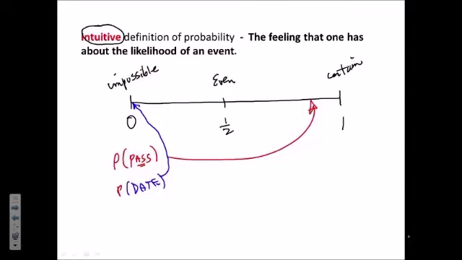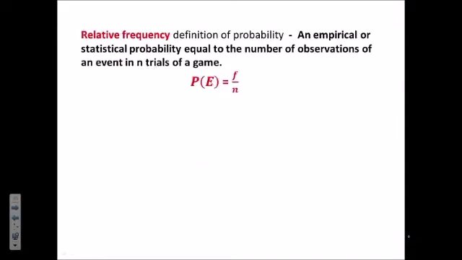Relative frequency is an empirical or statistical probability equal to the number of observations of an event in n trials. So, for example, you could flip a coin. You want to see if a coin is fair.